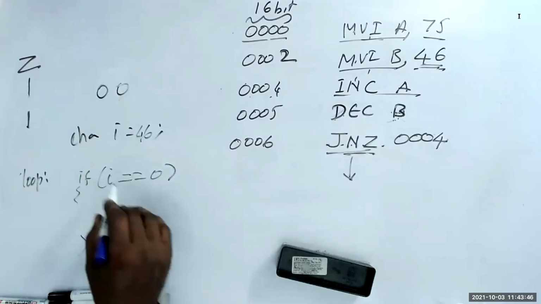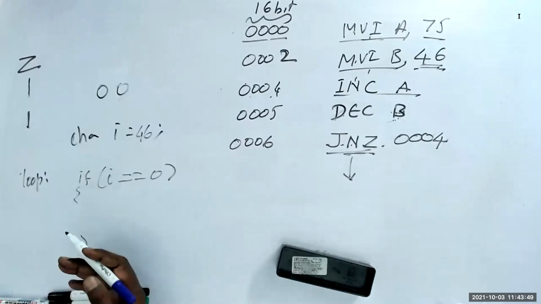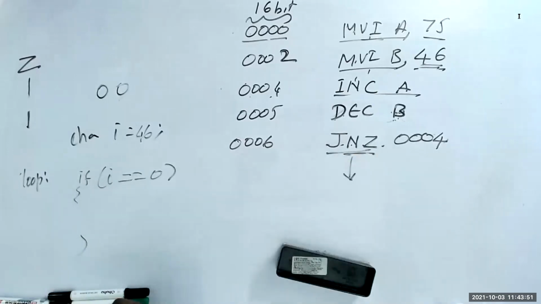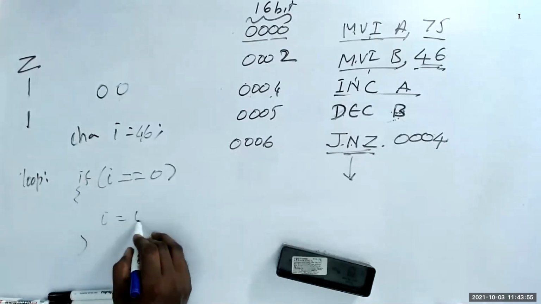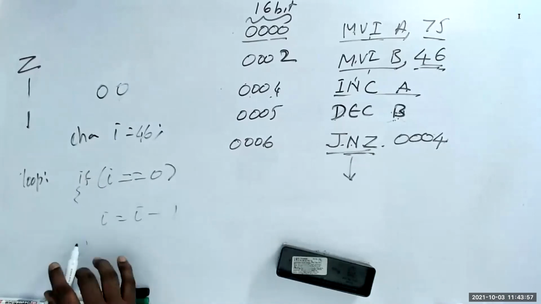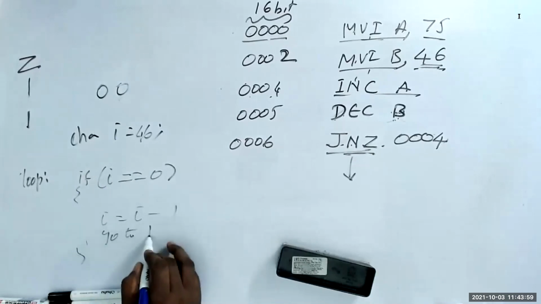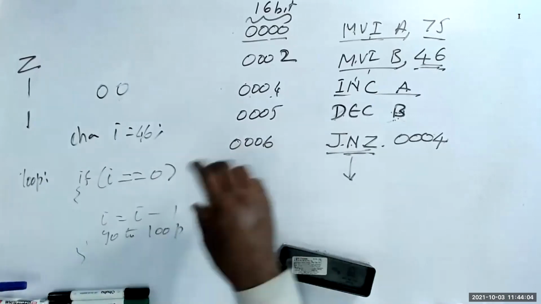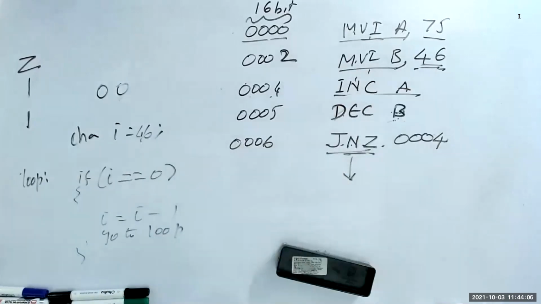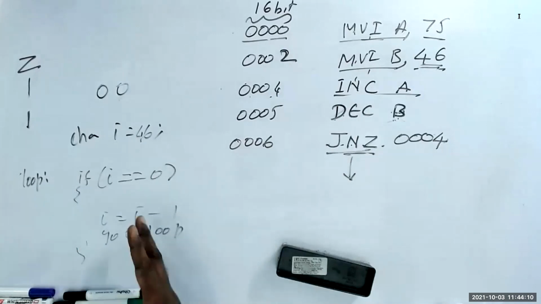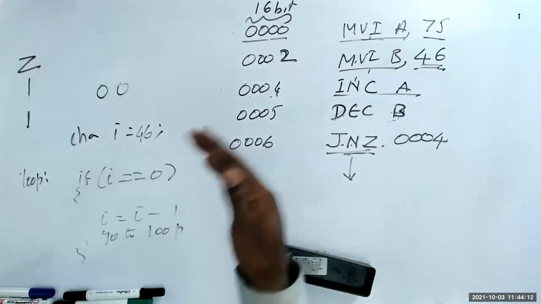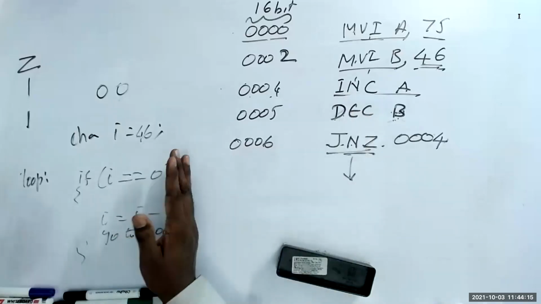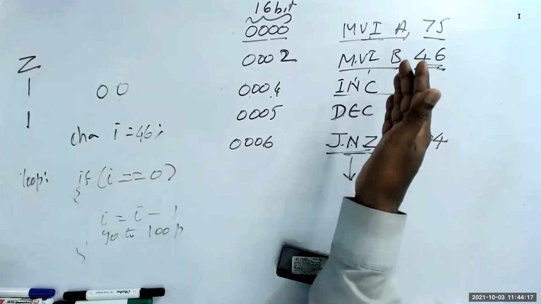Do this. Then you say i = i - 1. Then go to loop. So you write this, and if you compile it, it will become like that. This is the way compilers work. The compiler takes your C code and converts it to this type of code.